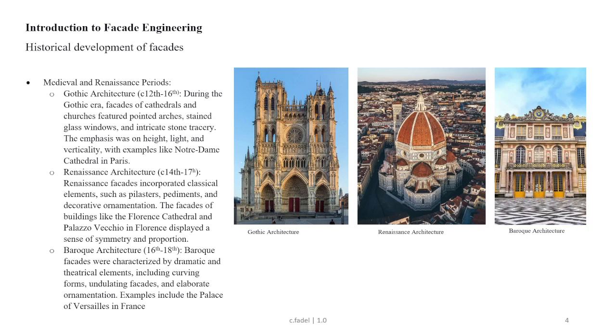The aim was to evoke emotional responses and showcase the grandeur and power of the structure. Its facade displays rhythmic repetitions of columns, pilasters, and sculptural decorations, all meticulously crafted to convey opulence and authority. The use of extensive ornamentation, including statues, reliefs, and intricate moldings, enhances its facade design.